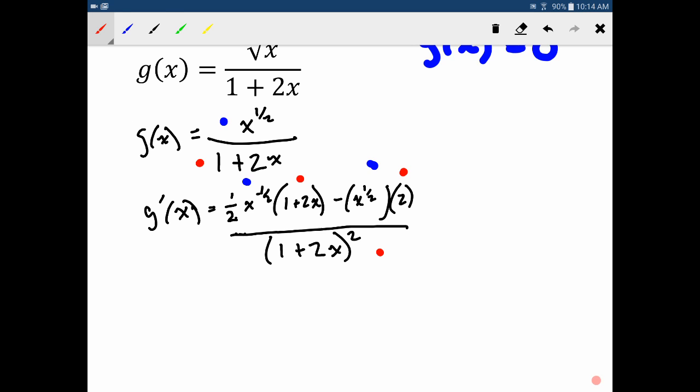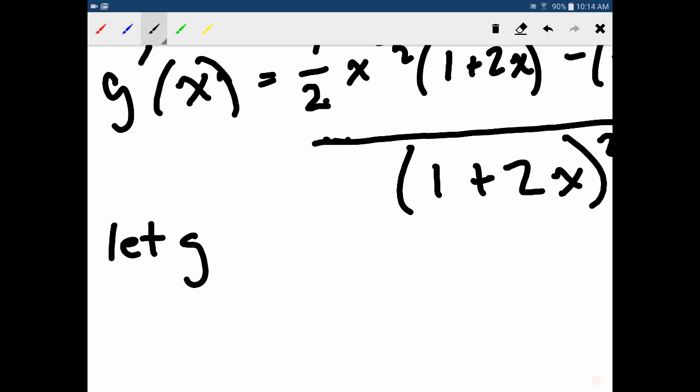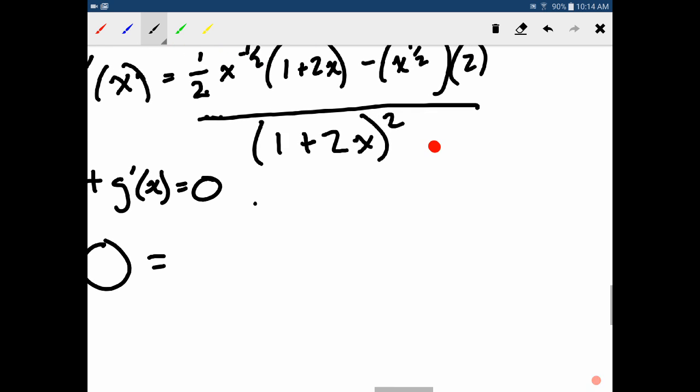So now that we've got that, because we are looking for the horizontal tangent, we're going to say, let g prime of x equal 0. So we have 0 equals, and then we just have the same thing.